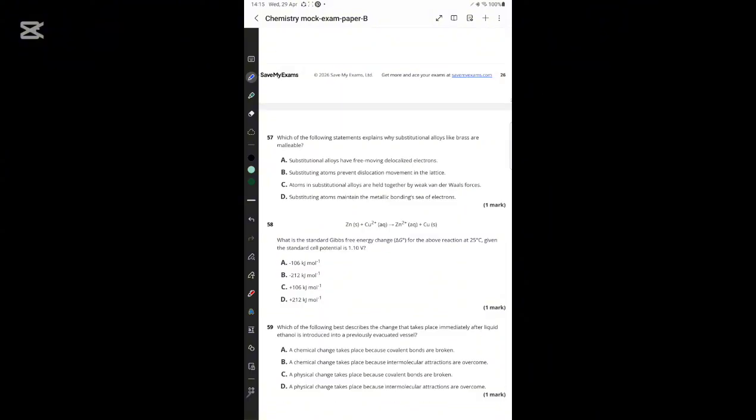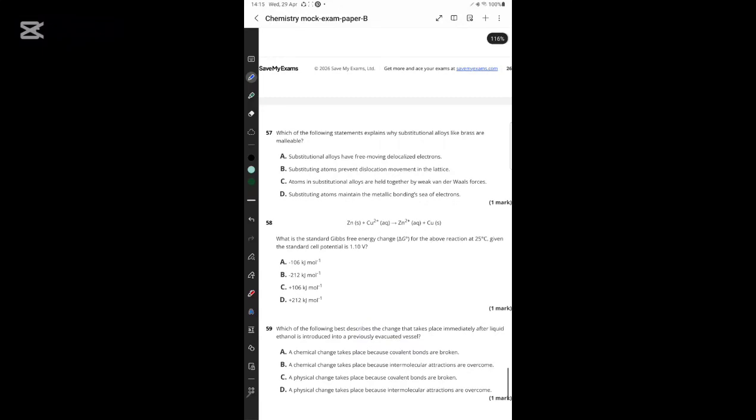So for the next question, they are saying which of the following statements explain why substitutional alloys like brass are malleable. First of all, let me write some facts related to substitutional alloy. So these are the facts in which they are saying that in a substitutional alloy, it replaces an atom of the original atom with another which has the same size.